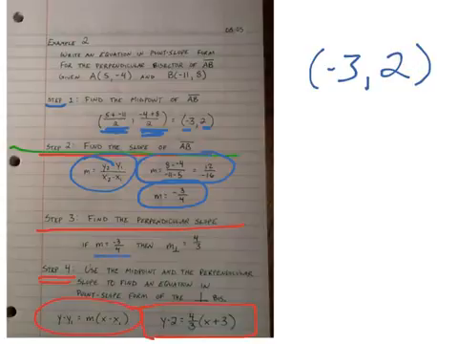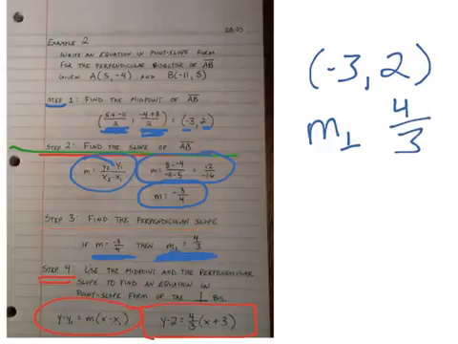If our slope is negative 3/4, then we know that the perpendicular slope is the reciprocal negated. So negative 3/4 becomes positive 3/4, and then we take the reciprocal of it, and we get 4/3. So we know that our perpendicular slope is 4/3.